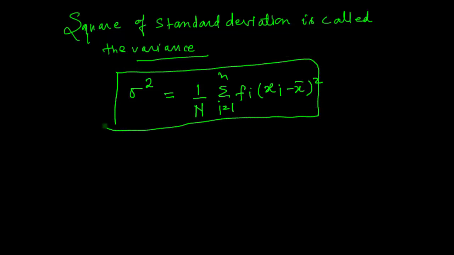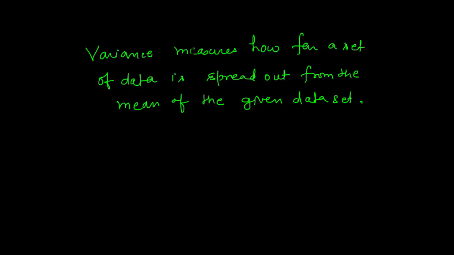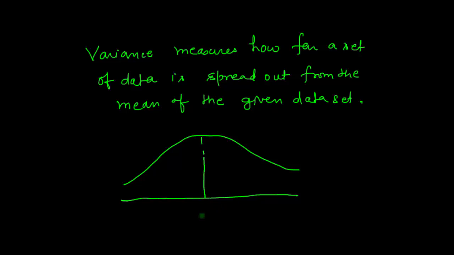expression for variance. Now you have to know what variance actually is. Variance measures how far a set of data is spread out from the mean of the given data set. Suppose this is your frequency distribution and this is the mean, which I am taking as x bar.